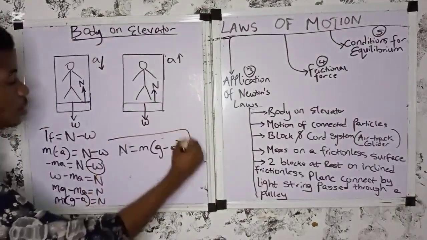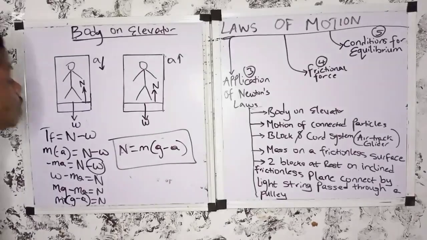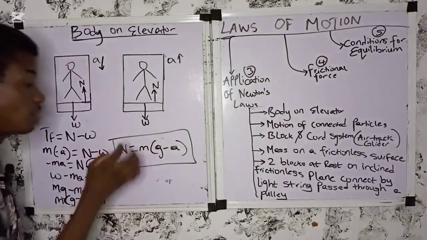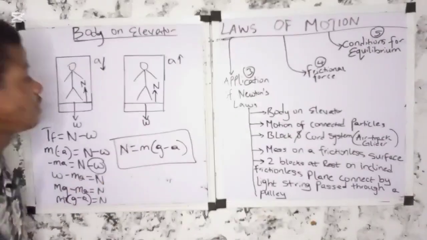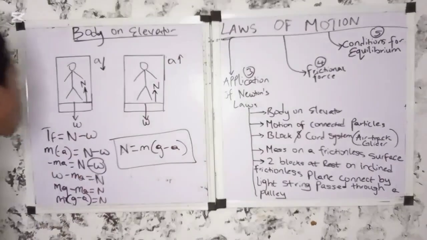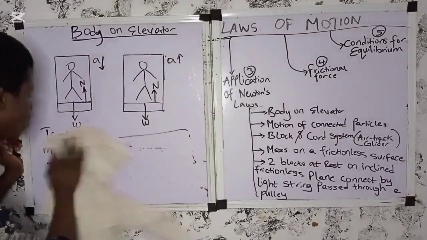Please take note of this formula. This is the formula we are going to use whenever the elevator is moving downward: m(g minus a).